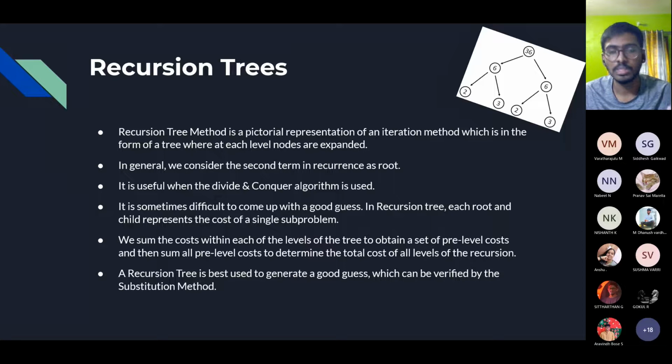The second term in recurrence is known as the roots. It's basically a divide and conquer algorithm. For example, let's take our current scenario. Sir has the problem of every student of this class making a presentation. So he divided the group, as there are 34 students. He can't just go and ask each student to create a separate presentation.